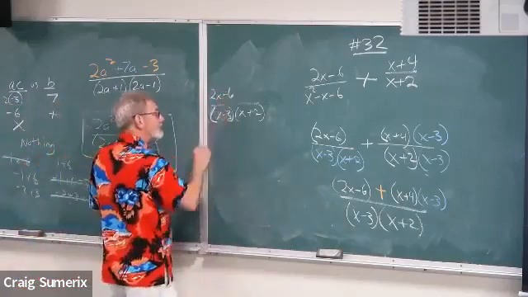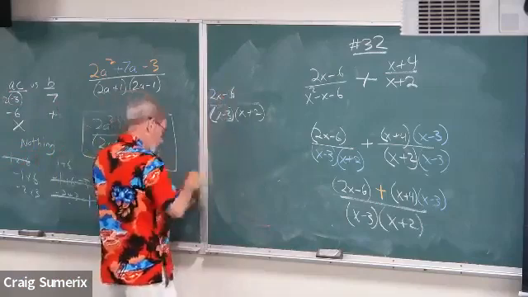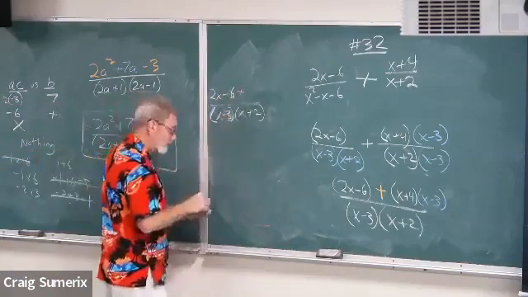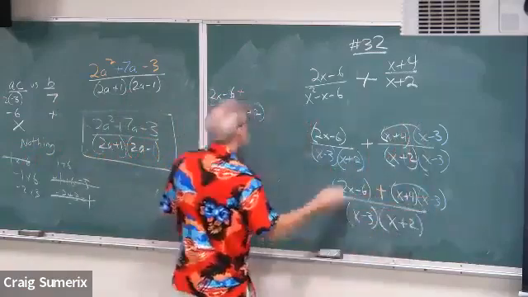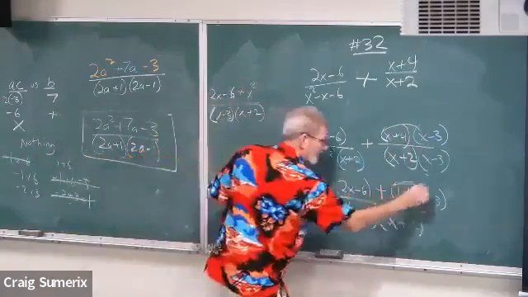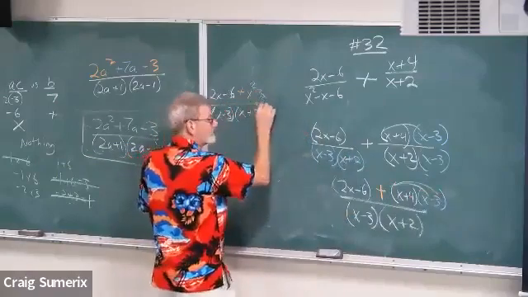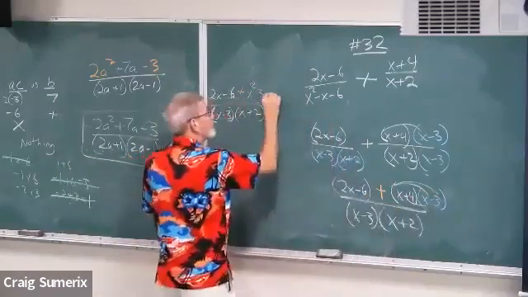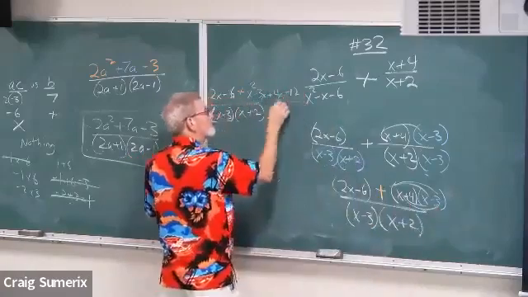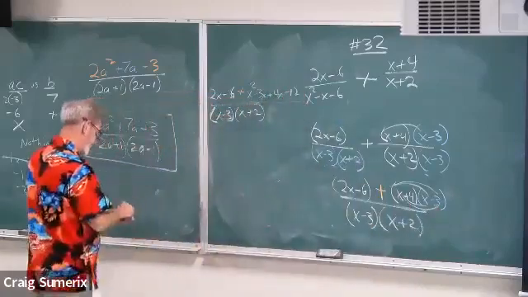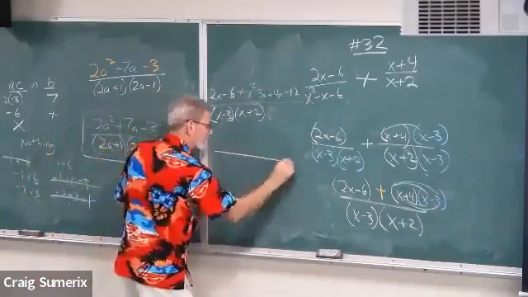2x minus 6. That's what this is right there. Plus, let's see, down here, x squared minus 3x plus 4x minus 12. Can I clean that up now?